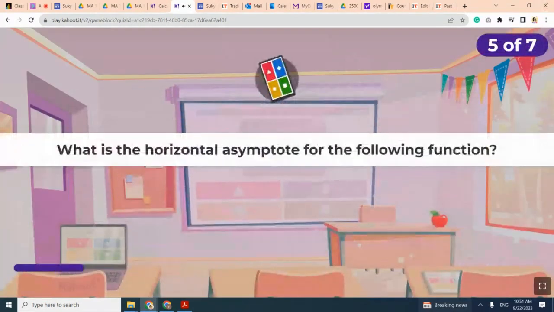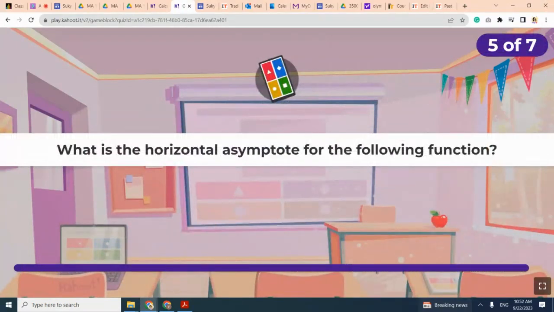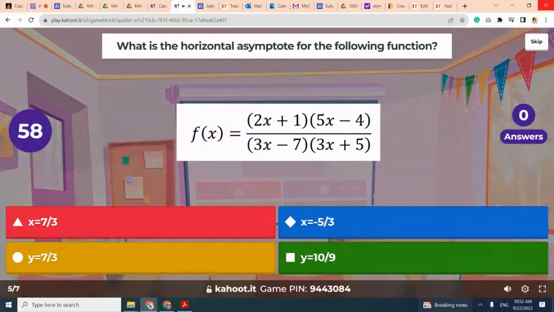What is the horizontal asymptote of this function? Horizontal asymptote, not vertical, horizontal. Dominant terms. What are the dominant terms of the numerator and denominator?